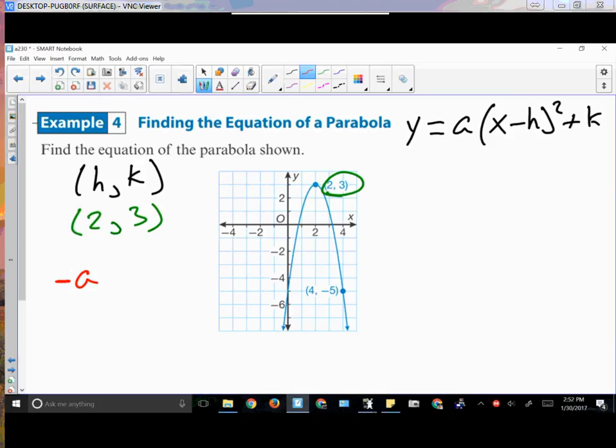Now, the next question. This is where it gets a wee bit on the tricky side. Okay? I am right here at 2 comma 3. I move over here, and I am looking at negative 5. So what I would like to know is how much is that being changed by?